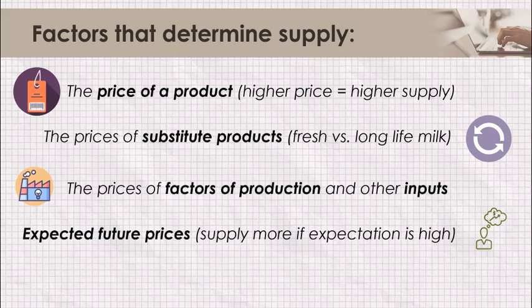Then another factor is expected future prices. So what this means is that if a company expects in the future people will pay more for their product, then they will produce more of this product. If you think about restaurants, now in lockdown, they know that customers are dying to go to restaurants.